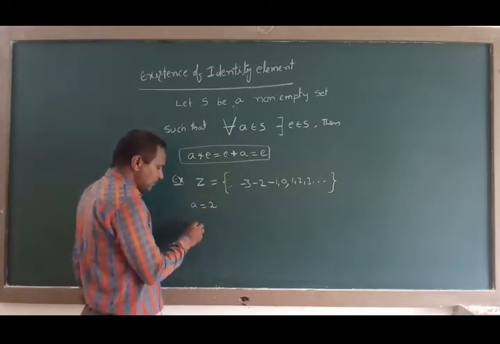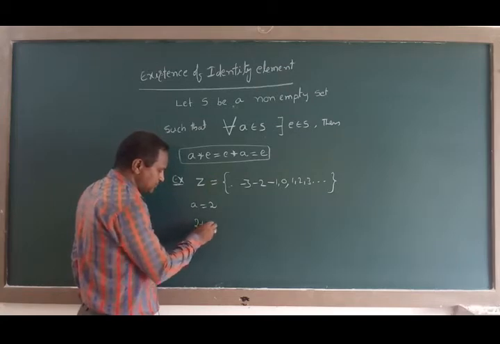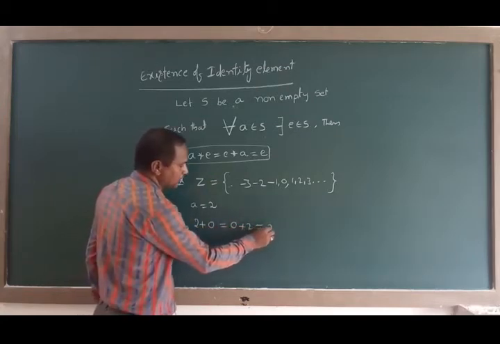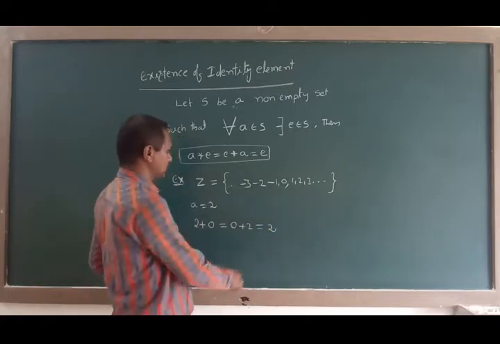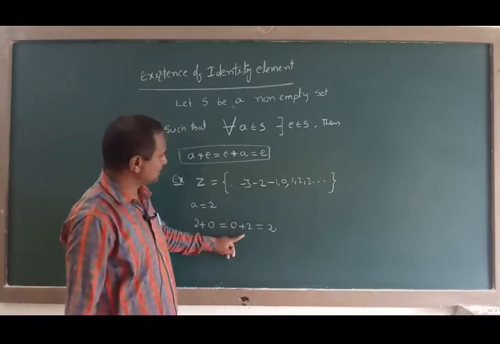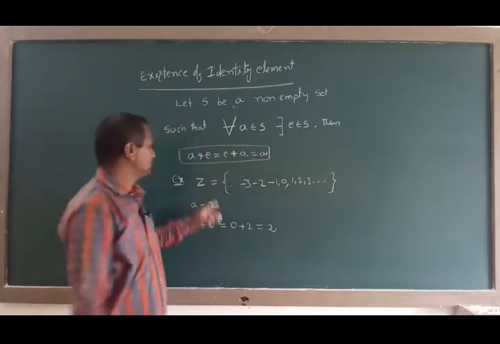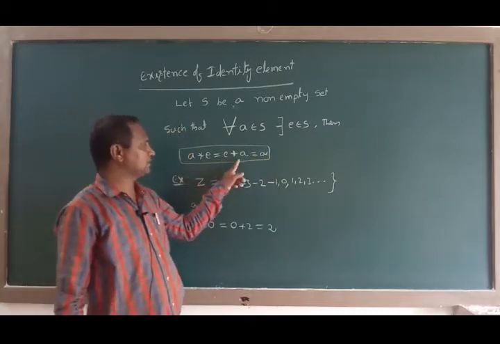With respect to addition, how to check? 2 plus 0 is equal to 0 plus 2 is equal to 2. That is a star e is equal to e star a is equal to a.